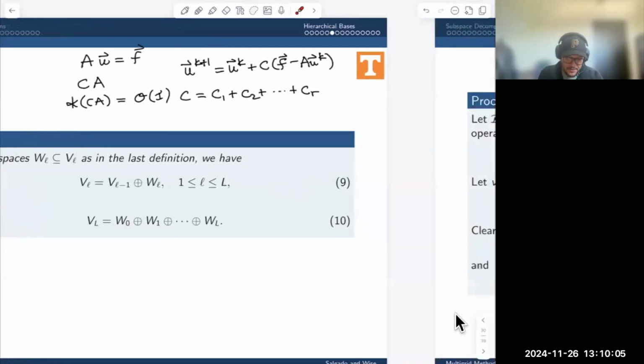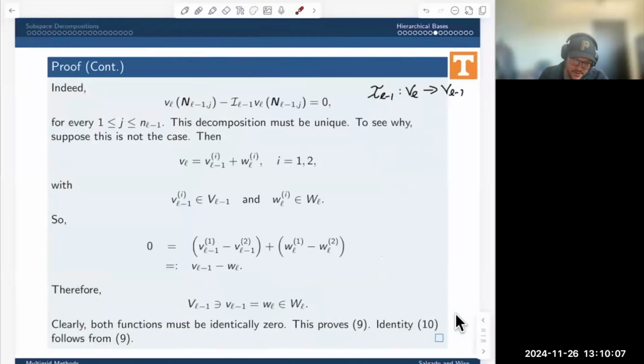This is called the direct sum. So what we're going to do is assume that we have two different breakdowns of this V_L into V_{L-1} plus W_L, where V_{L-1}^i is in V_{L-1} and W_L^i is in W_L. I put i on here because there are two decompositions, so i equals 1 and 2.